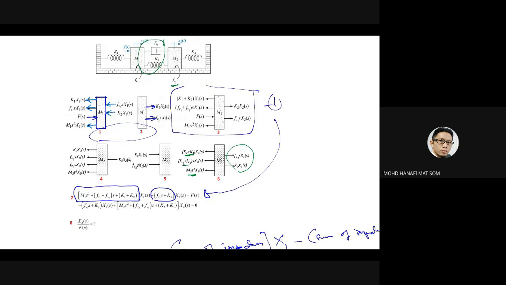So we put them together into this equation. All right. So in this case, there is no sum of applied forces because the applied force is only on M1, not on M2. Okay. So we'll have two equations here. And then we can find X2 S over F S.